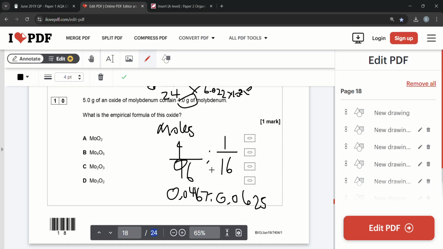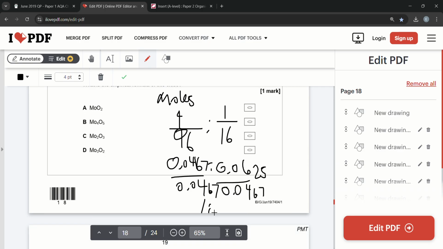If we divide by the smallest molar ratio, we should get 1 to 1.5. That's 2 to 3, so therefore the answer is C.